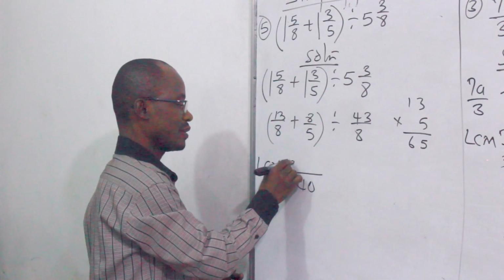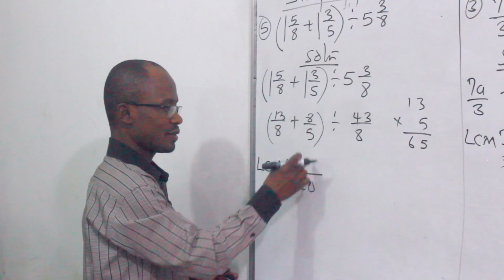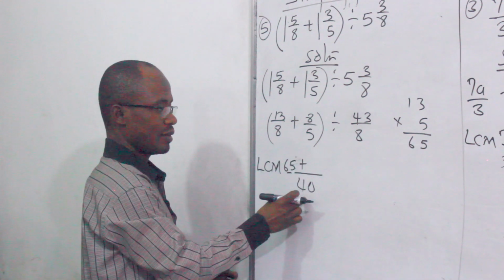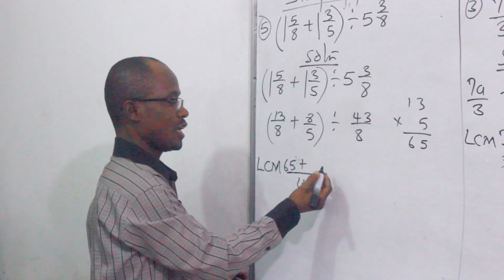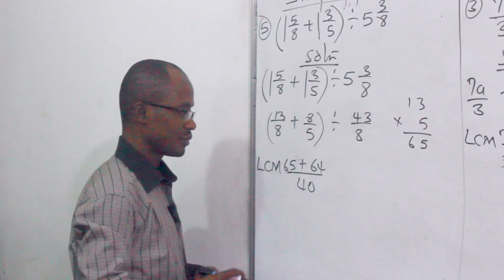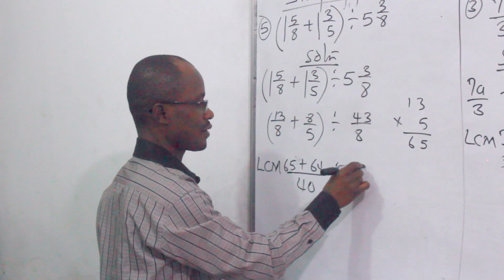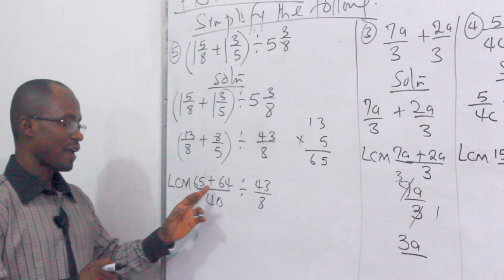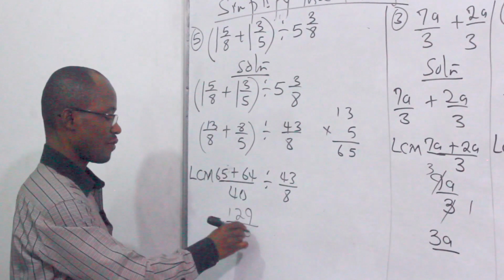Here you have 65. Then plus 5 into 40, 8 times. 8 times 8, 64. At the end of the day, still divided by 43 over 8, we have 65 plus 64, that's 129, divided by 40.